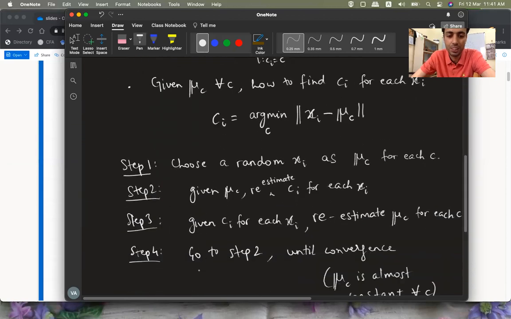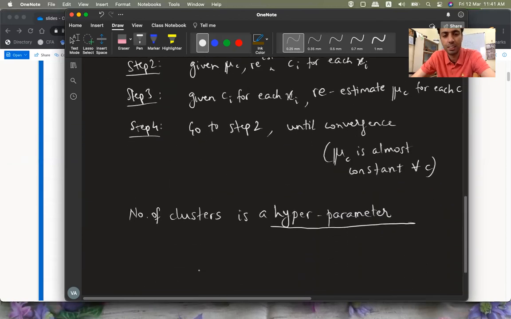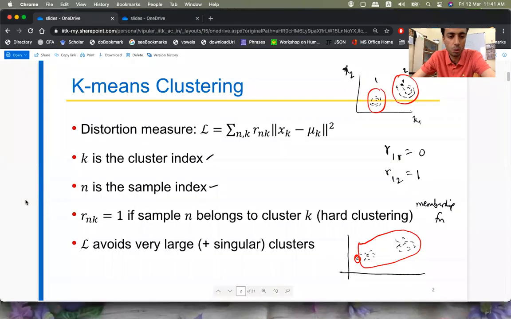Okay. Any questions in K-means clustering? Now go through these slides. Everything is told in a mathematical way, like the same Euclidean distance. We call it a distortion measure. Basically, distortion measure is the sum of all the Euclidean distances, like distance of this point from centroid, this point from this centroid, this point from this centroid.